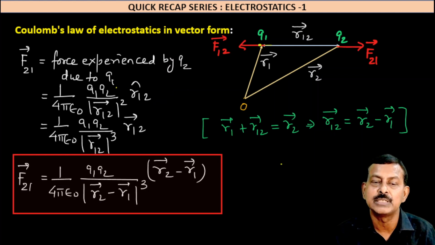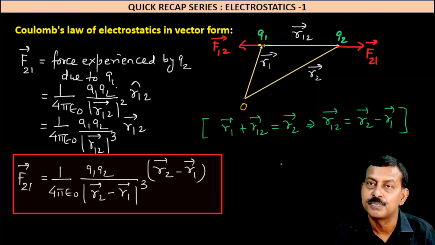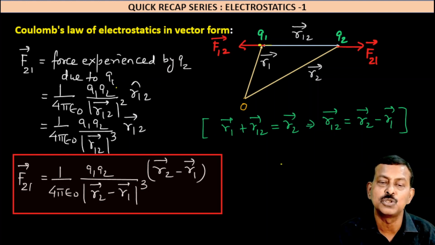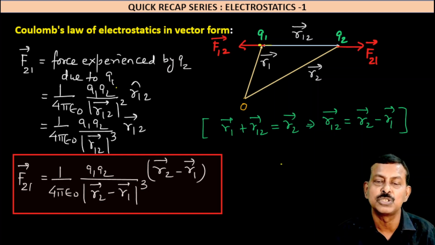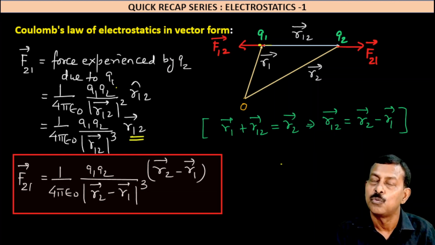So it is the unit vector in the direction R12. Now the unit vector we can write as the R12 vector divided by its magnitude. So this expression will become 1 by 4 pi epsilon naught Q1 Q2 by R12 magnitude whole cube into R12 vector. Now here one more thing you can see from the triangle law of vector addition.